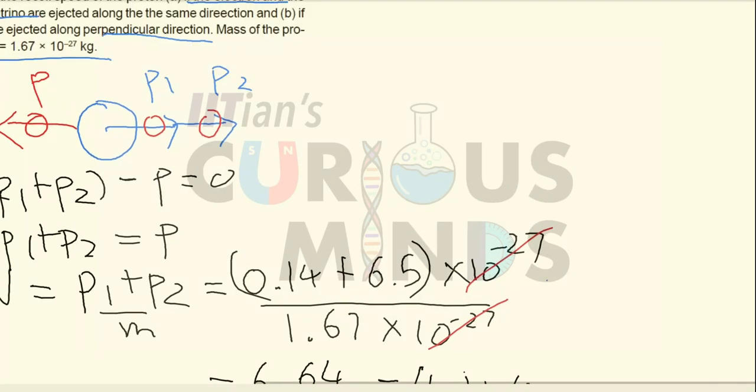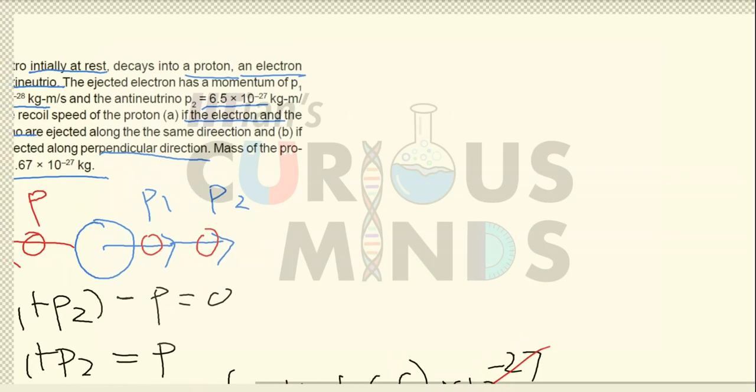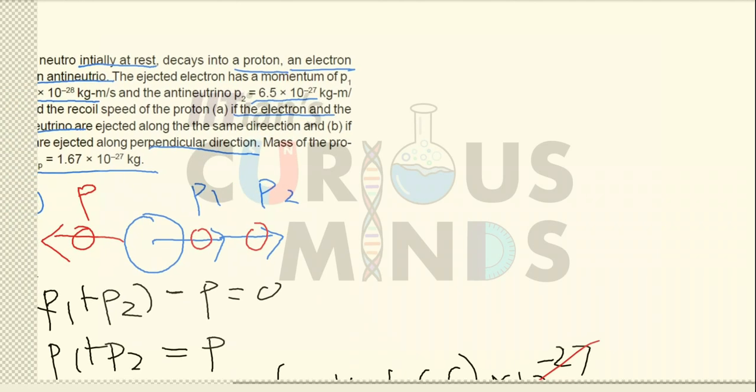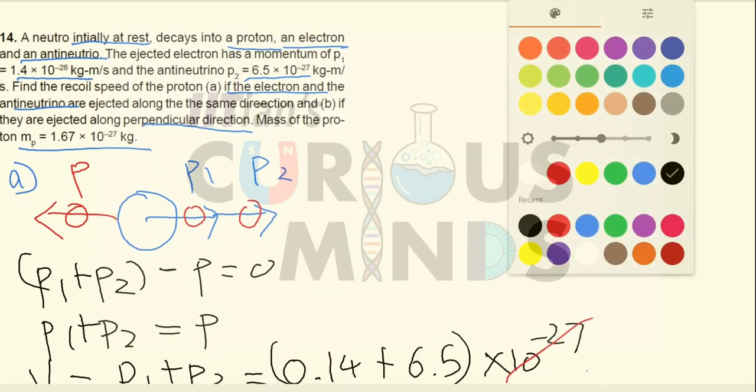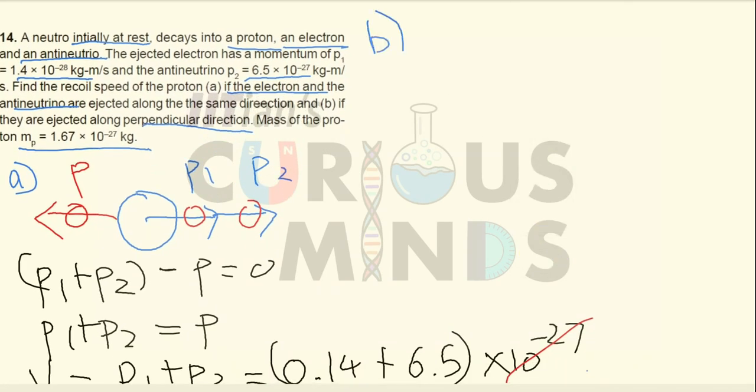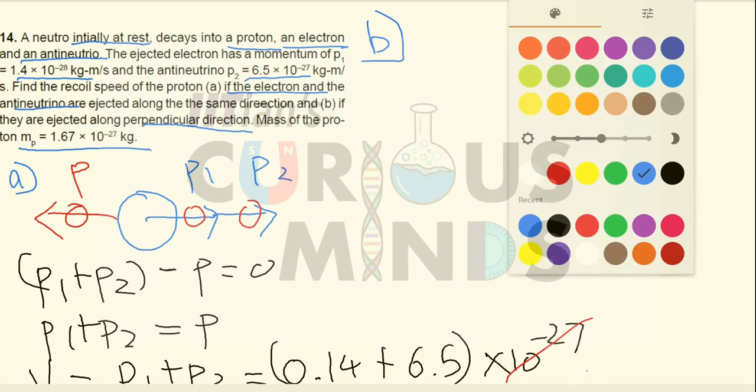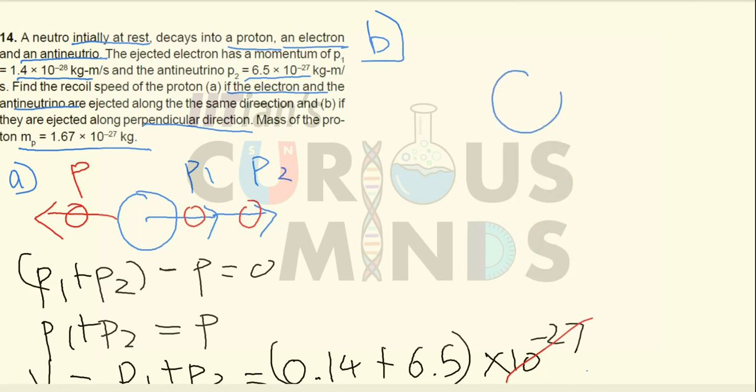In the second case, when the electron and the antineutrino are perpendicular to each other, I will again consider the same thing. There was a neutron over here. Now the electron is moving in this direction and the antineutrino in this direction.